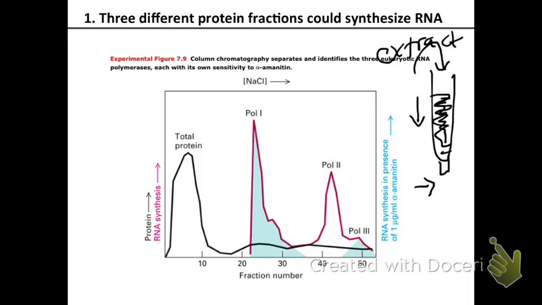After you load your proteins and wait for them to go through the column, you can collect fractions. So these are called fractions. Let's say you collect 100 microliters of the volume containing the proteins.